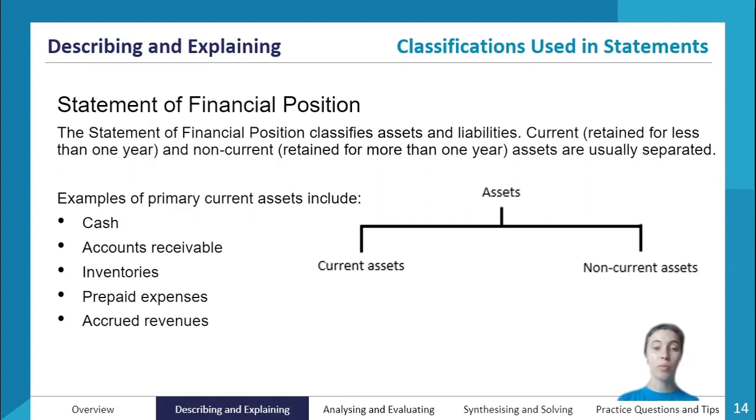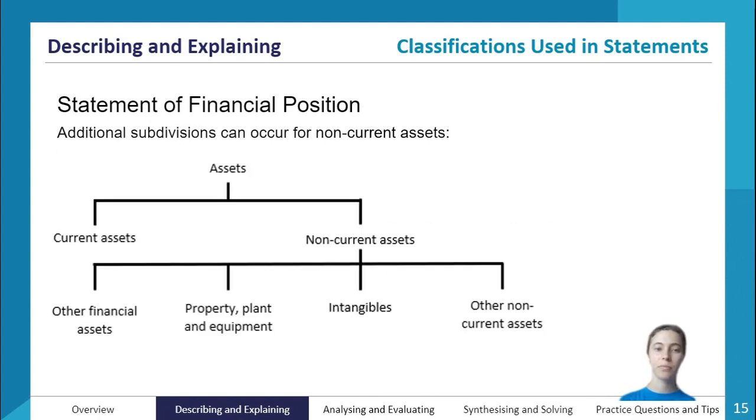So some examples of primary current assets are cash, accounts receivable, inventories, and then our balance day adjustments with prepaid expenses and accrued revenues. You can see our common classification here, current assets and non-current assets. You can also have additional subdivisions within non-current assets because there's lots of different types. So other financial assets, property, plant and equipment, intangibles as well.